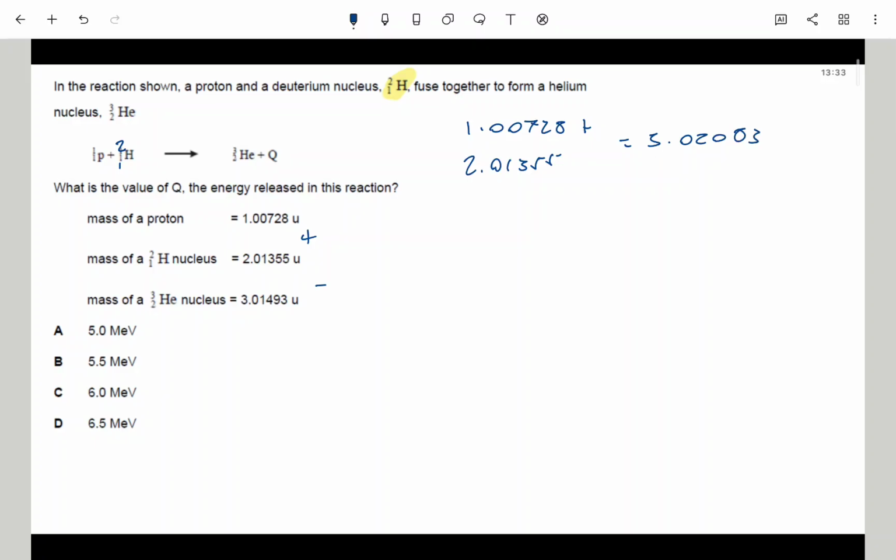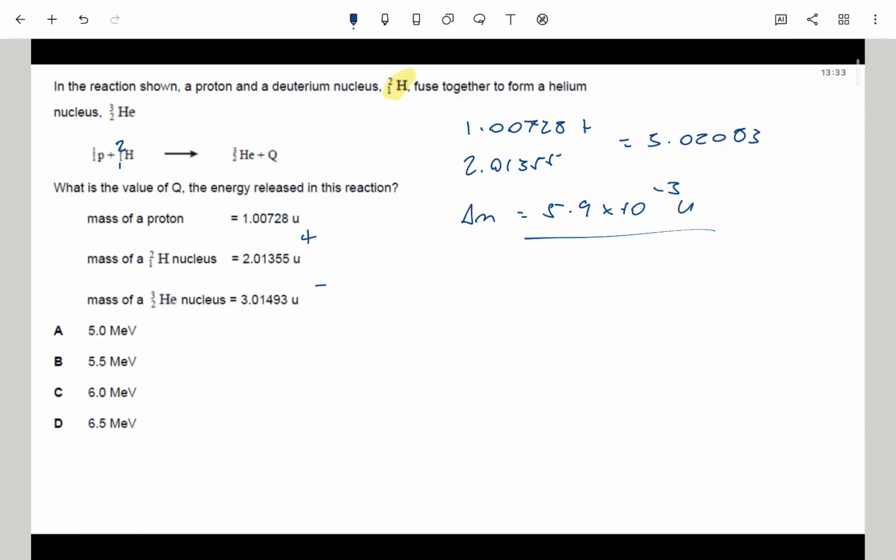And then subtract the helium nucleus, because obviously left-hand side and right-hand side. So subtract 3.01493. That'll give a change in mass, the mass defect, of 5.9 times 10 to the minus 3 U.